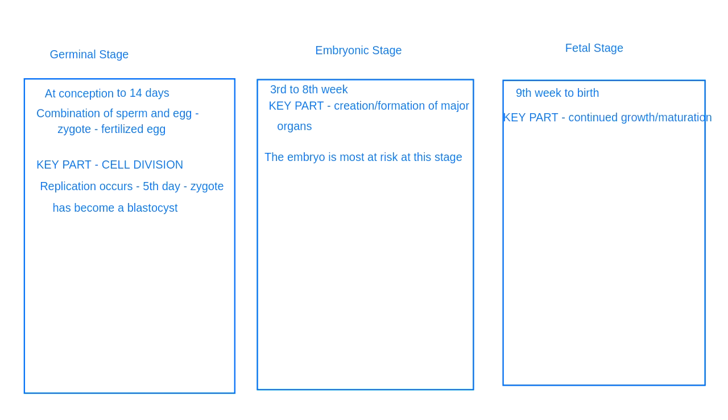Also, one key thing I should note is that at 24 weeks, the fetus reaches viability. So it can survive outside the womb at this stage. 24 weeks, do the math on that, is about 6 months, give or take.